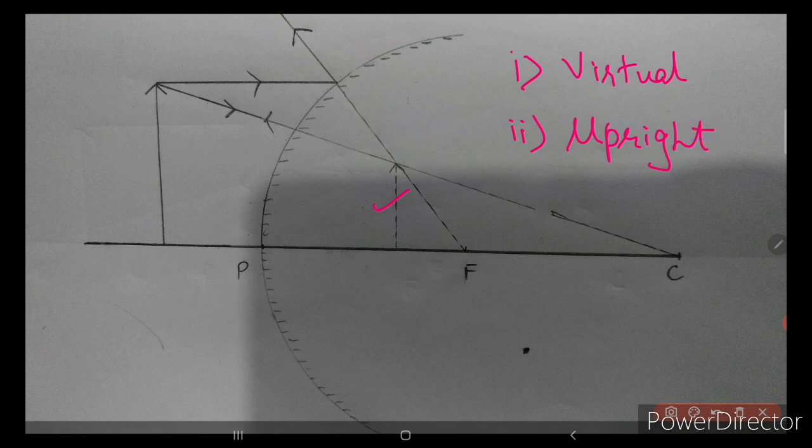Number 3, it is diminished, and number 4, it is formed between pole and focus. So I hope you have understood this particular ray diagram. Let us go back to the book.